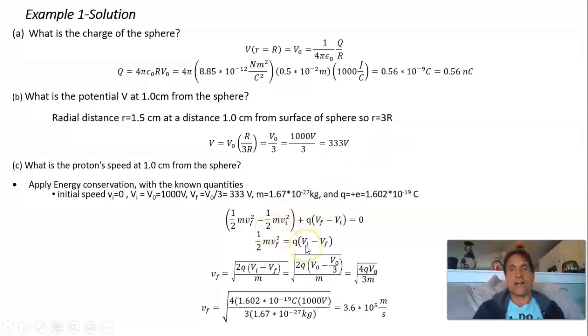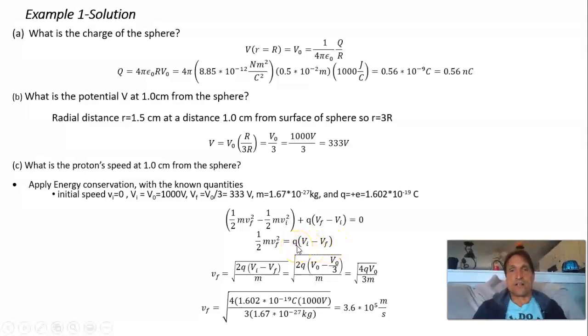The potential decreases from V0 to V0 over 3, so we know the potential difference between the two points.